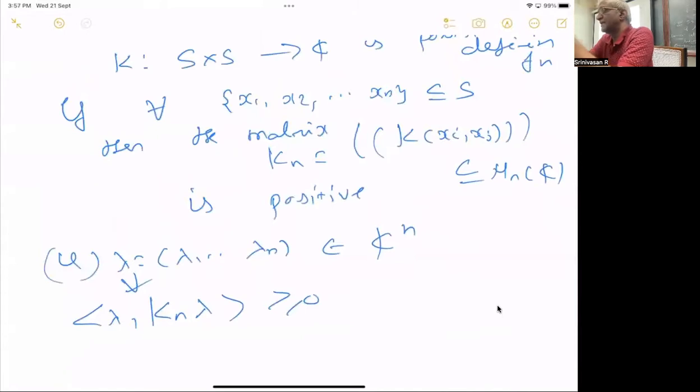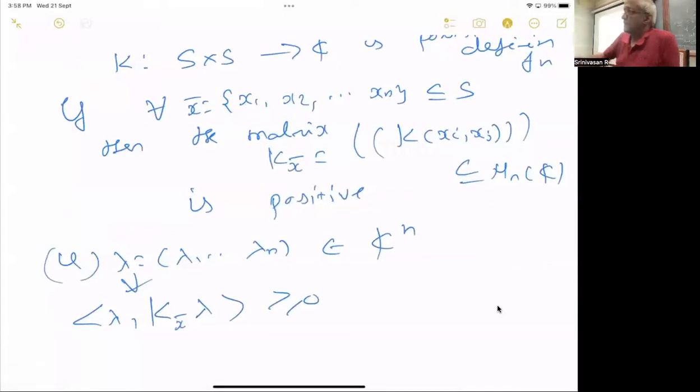You consider the matrix K(xi, xj); the ij-th entry of K_n is K(xi, xj). Call it K_x bar. This matrix is positive.